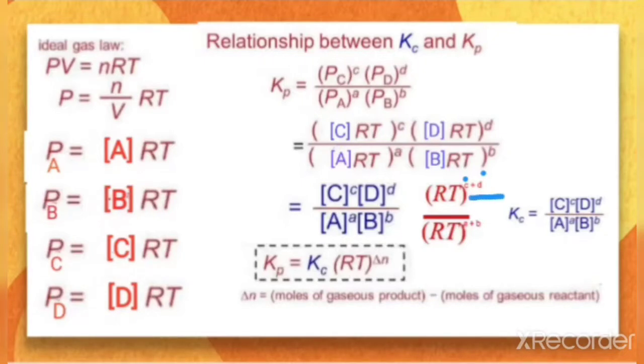So the number of moles of the product minus the number of moles of the reactant, that is in gaseous state. So delta n can be represented in this way. What is delta n here? Delta n is equal to (c plus d) minus (a plus b).